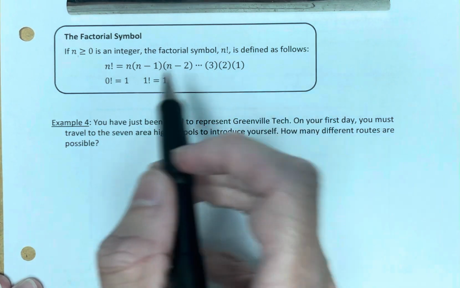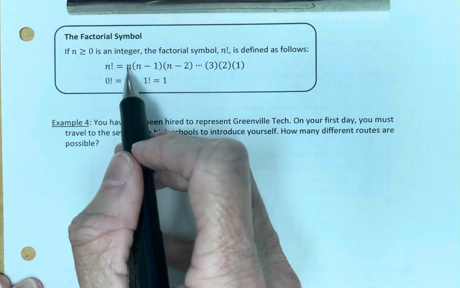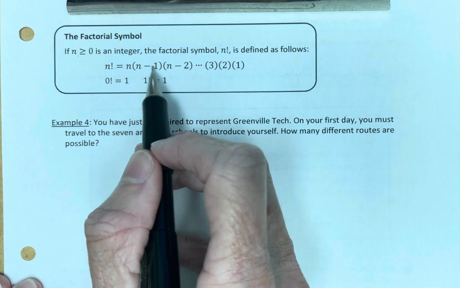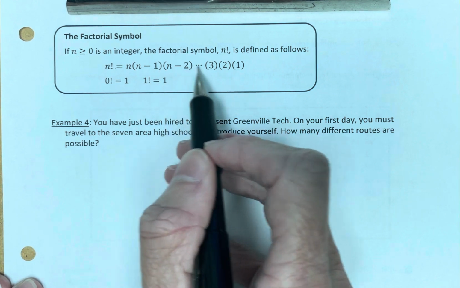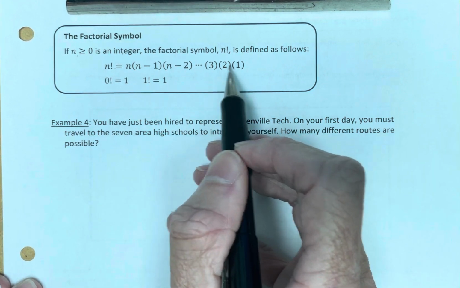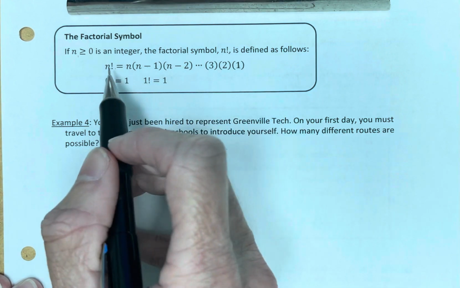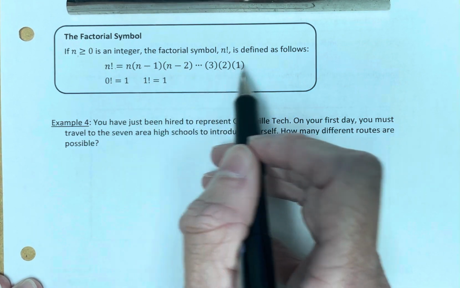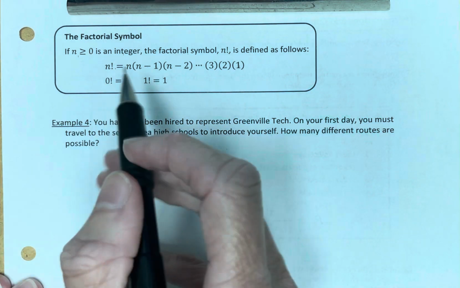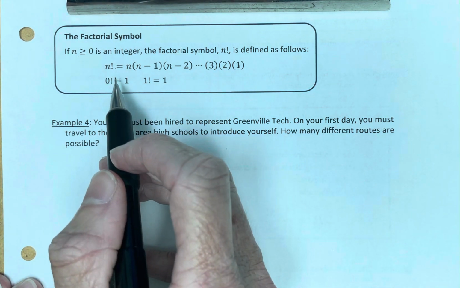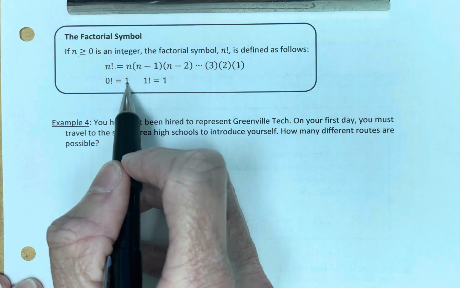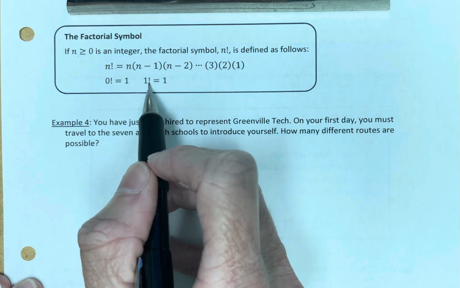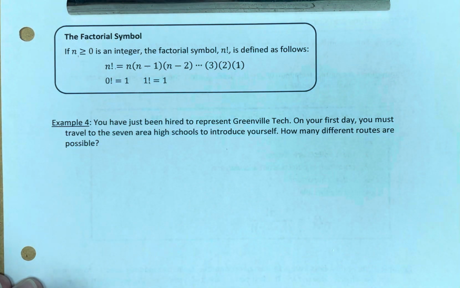N factorial is n times n minus 1 times n minus 2 times, and then 3, 2, 1. So basically you start with n, and then you multiply every number down to 1 after it. A couple of points to remember: 0 factorial is equal to 1, and 1 factorial is equal to 1.